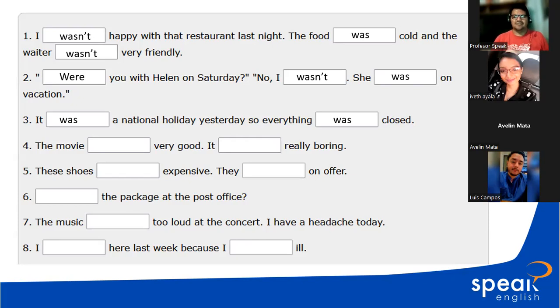Which holidays do we celebrate here where this happens? Can you think of other holidays in our country where everything is closed because it's a holiday? We have a lot of holidays. We have Mother's Day, Father's Day, January 1st.